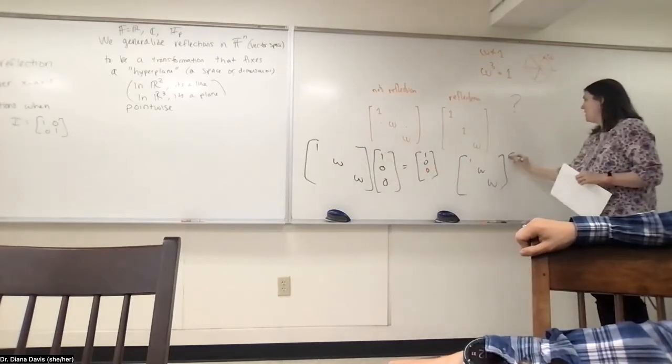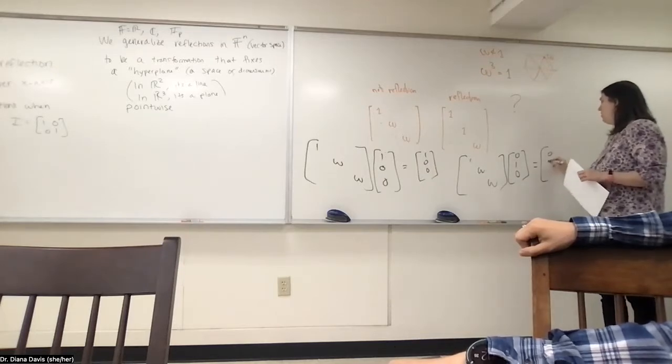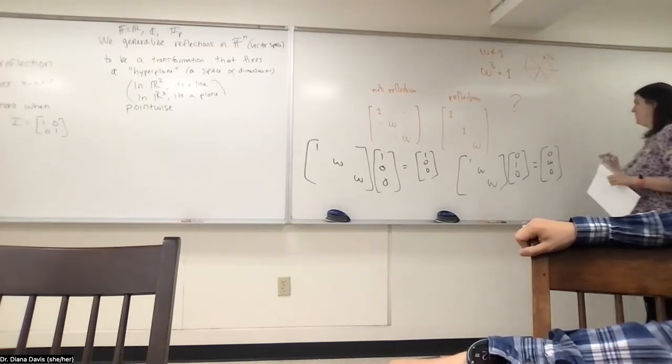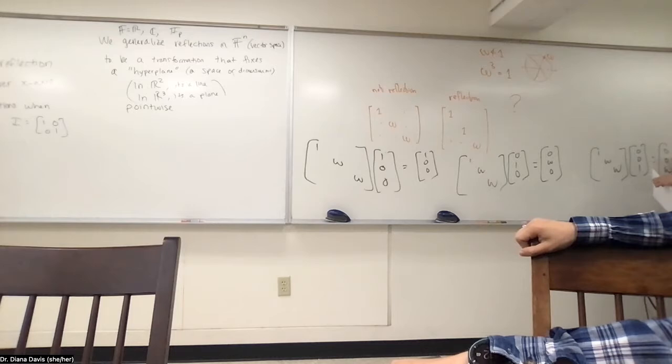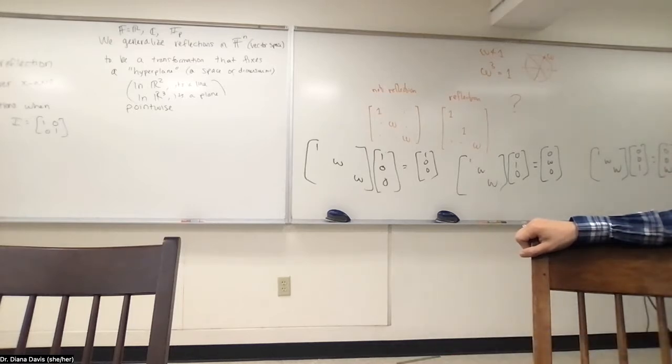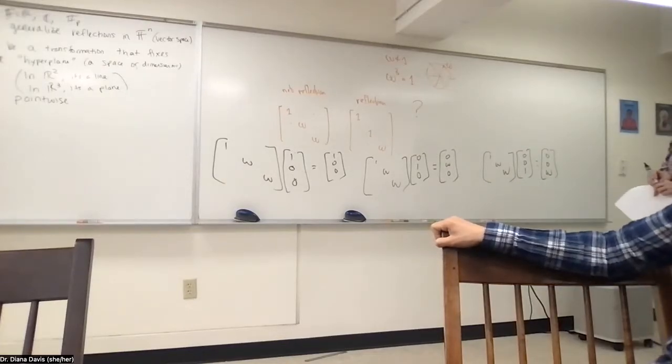Okay, and so then it takes 0, 1, 0 to 0, omega, 0, right? And it takes 0, 0, 1 to 0, 0, omega. And the question is, does it fix a plane? It doesn't have to be on one of the axes.